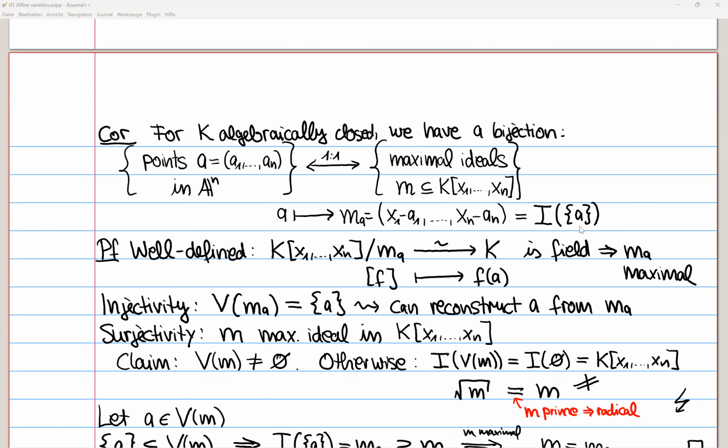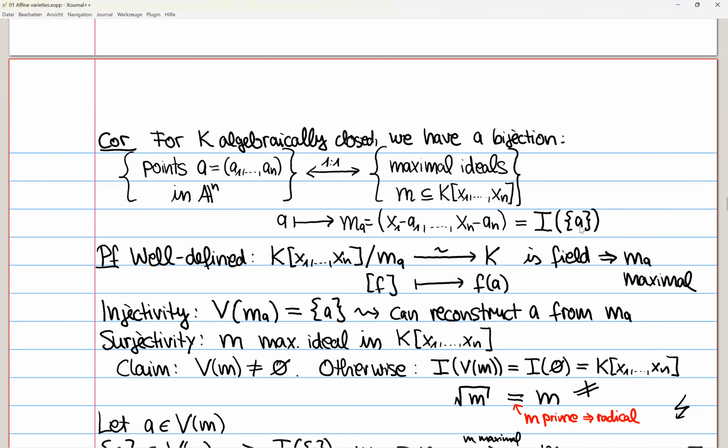And first, I wanted to just show this proof using a bit of a pedestrian technique, also recalling a bit about these maximal ideals. So to see that this map here is well defined, that this is indeed a maximal ideal, we can, for example, check that if you take the quotient here, then it is a field.